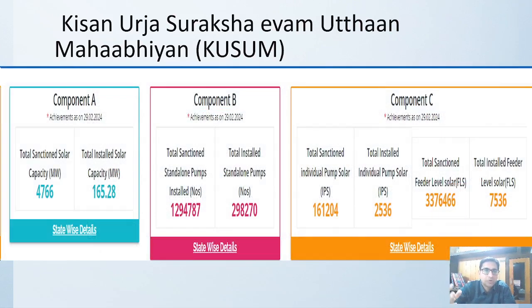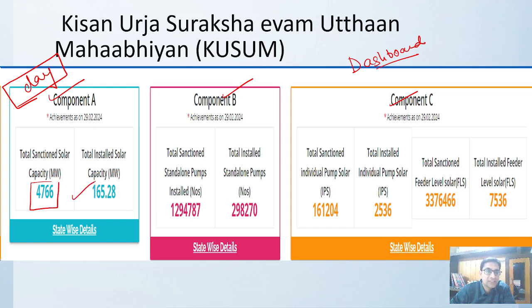This is a dashboard that the government is running for component A, component B, and component C. You can see day-to-day monitoring is happening. Total sanctioned solar capacity is 4,760 megawatts, and right now they have got 165.